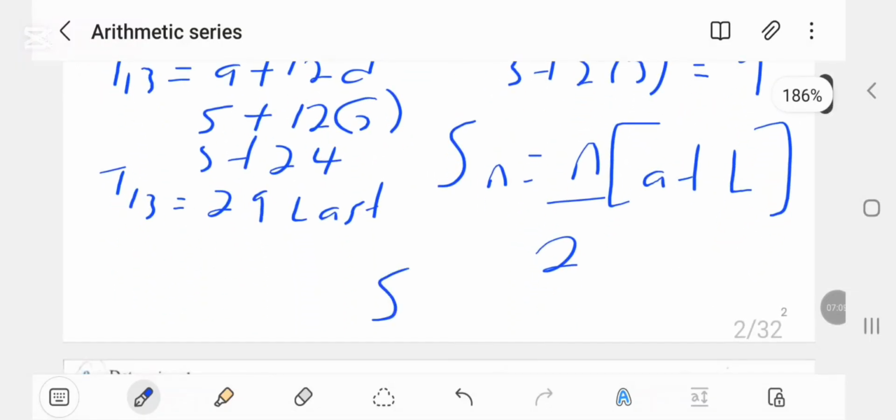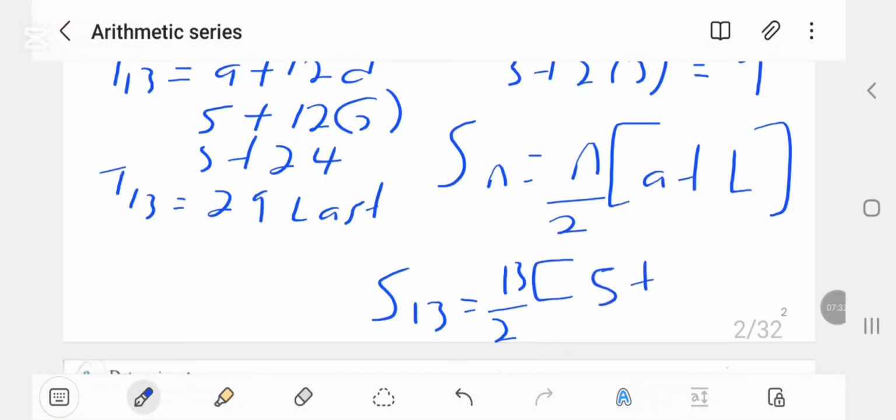So we have Sn, the sum of 13 terms, is the number of terms, 13 over 2, and then open square bracket, a is 5, last term we have 29. Okay, let me continue with this side. So we have 13 over 2 square bracket, 29 plus 5 is 34.